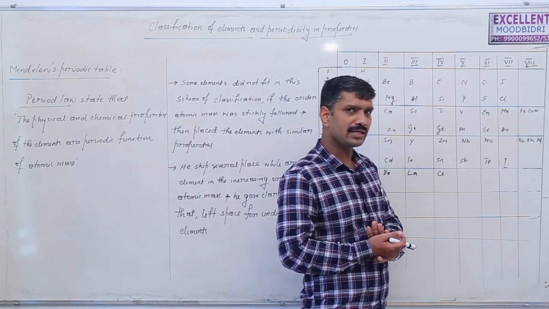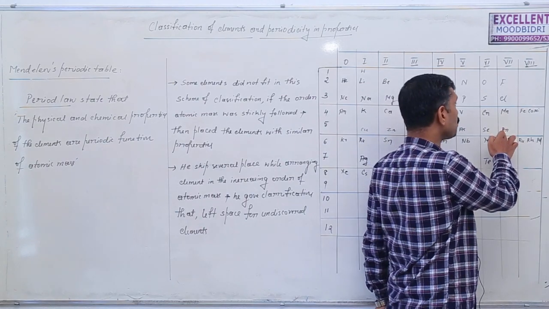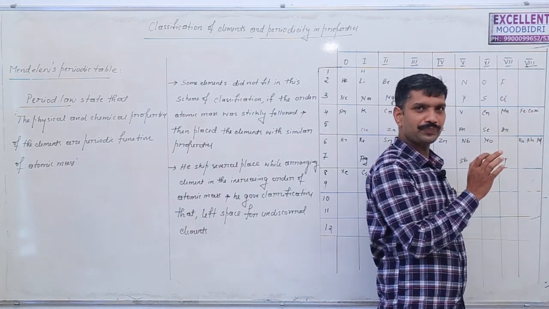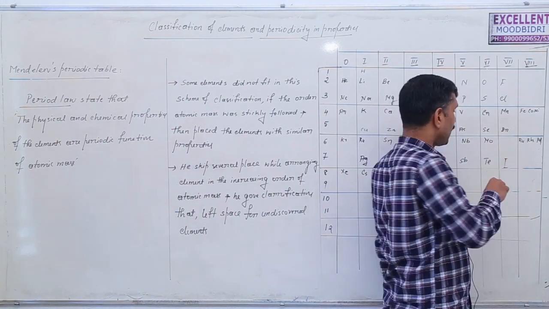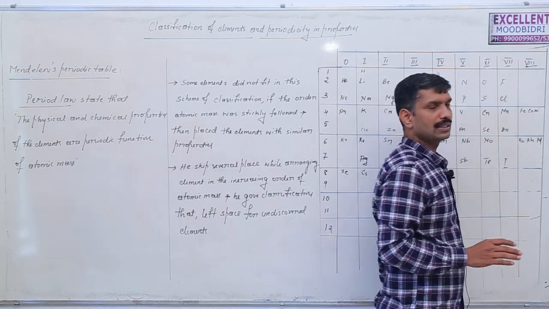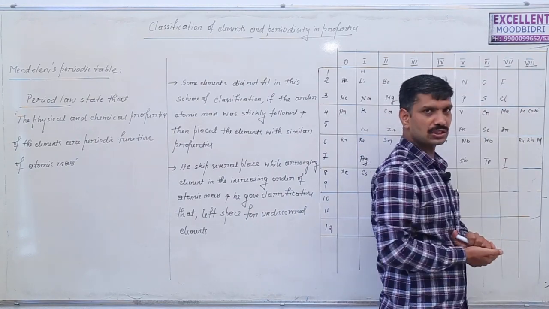The reason is that iodine's property is similar to bromine and chlorine. So fluorine, chlorine and bromine have properties similar to iodine. That's why iodine is placed in the seventh group, whereas tellurium is placed in the sixth group.